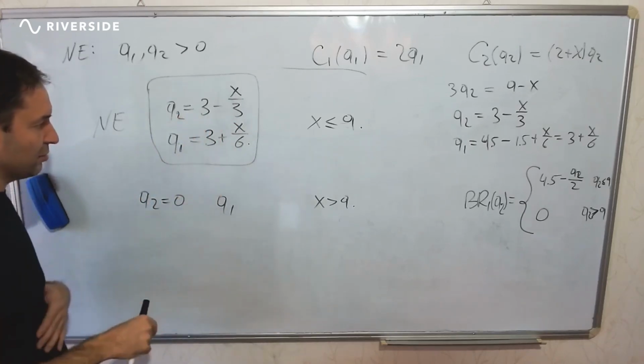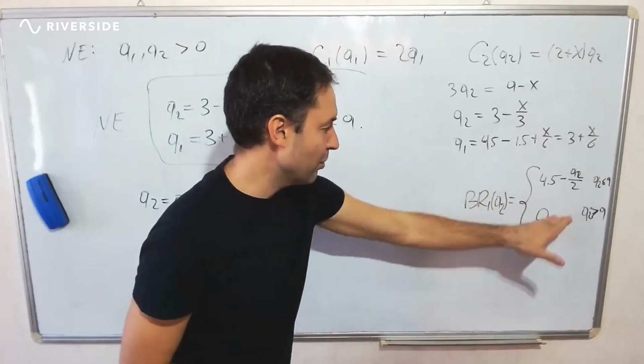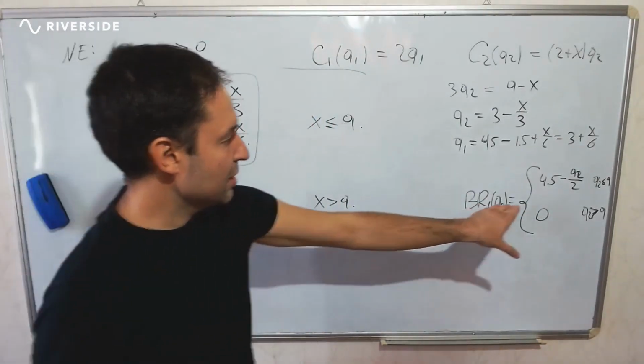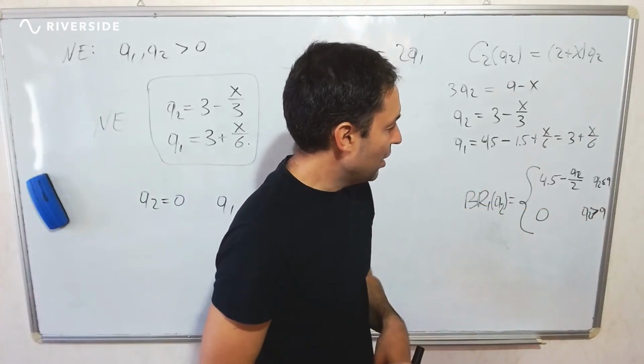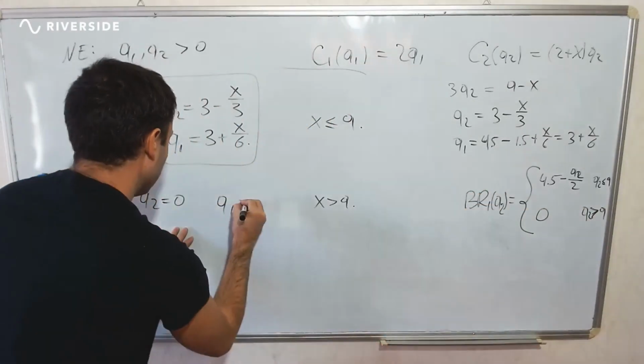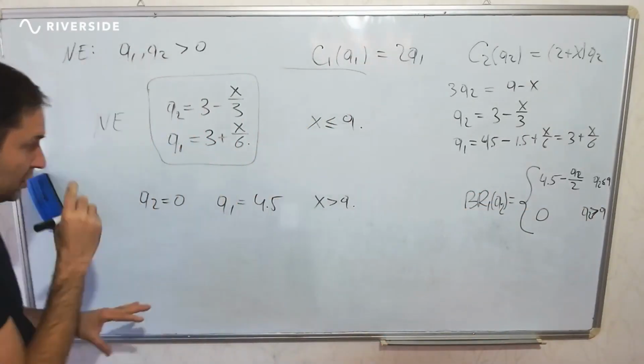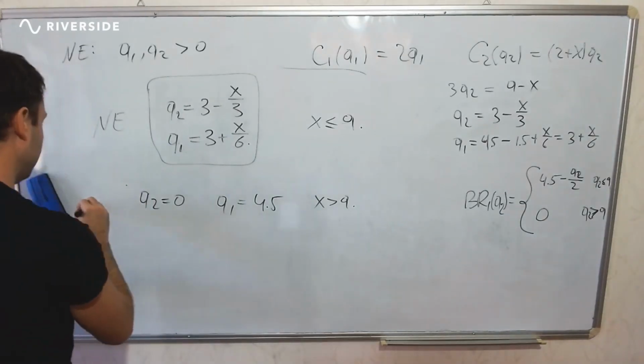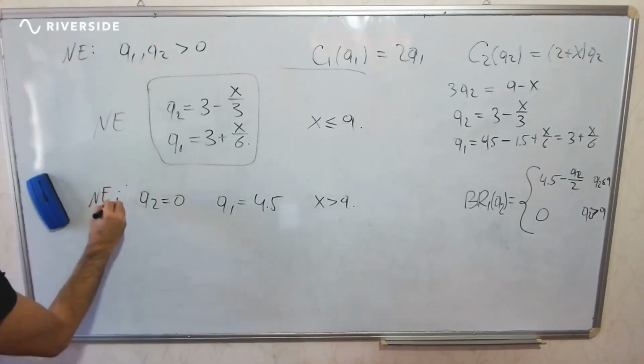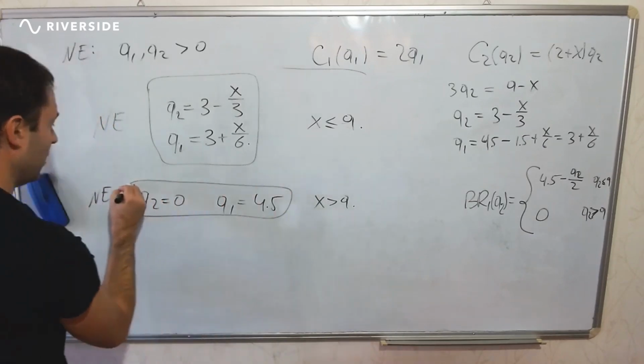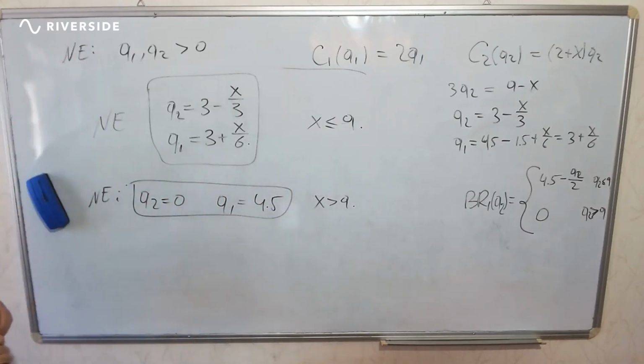You have to go back to your best response, which says if the other firm is producing 0, then firm 1 should produce 4.5. So that's the Nash equilibrium for x greater than 9.